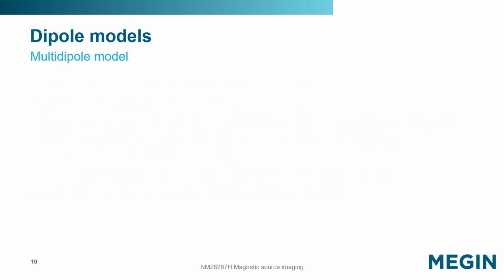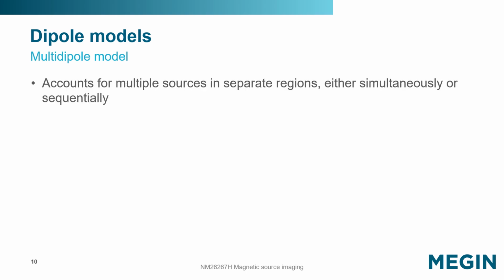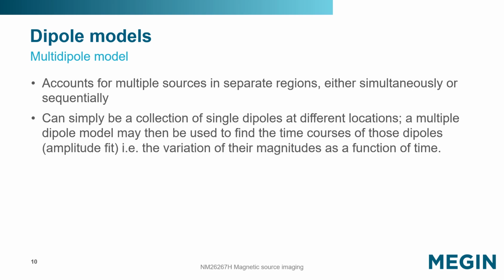If we consider the measured signal to be the result of multiple dipoles, then our analysis will account for multiple sources in separate regions that are either active simultaneously or sequentially. A multi-dipole model can simply be a collection of single dipoles at different locations. The time course of the dipoles can then be obtained by fitting the amplitudes, that is, the variation of their magnitudes as a function of time.